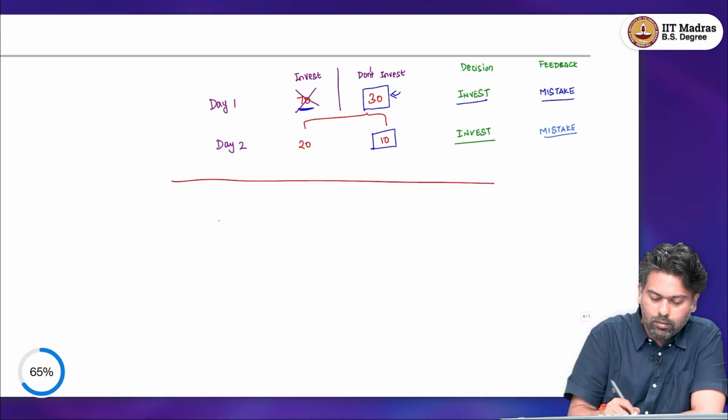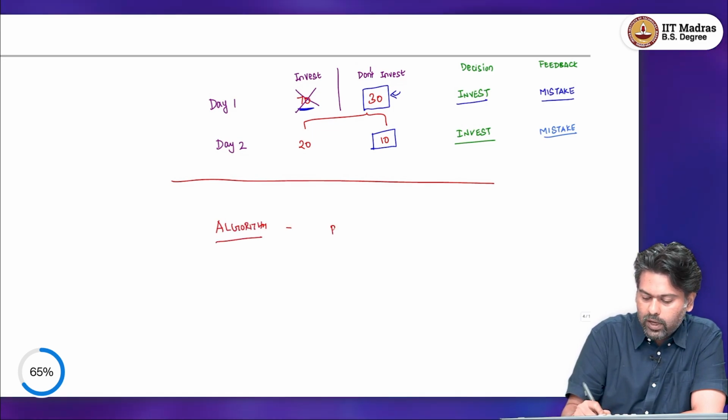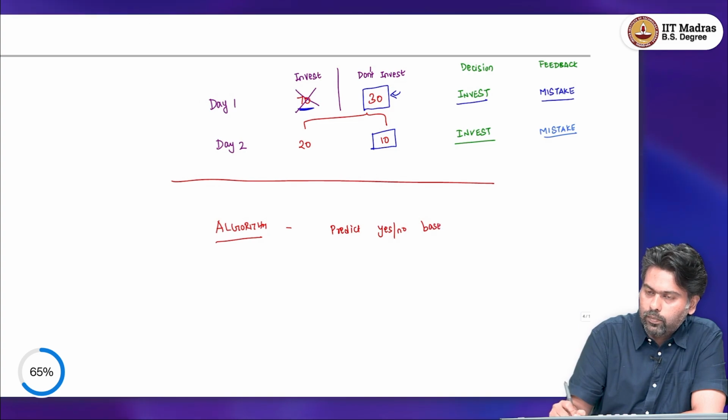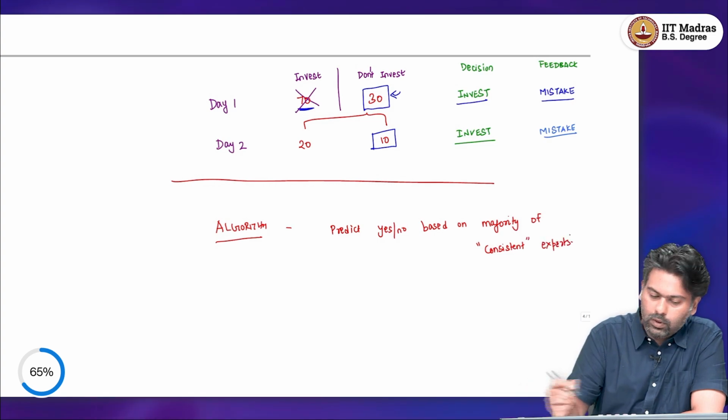So, the algorithm is very simple: predict yes or no based on the majority of what I am going to call consistent experts. So, who is a consistent expert?